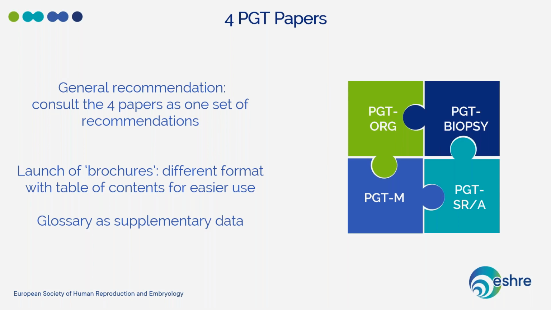So there will be 5 sections now with biopsy, PGT-M, PGT-SR, and PGT-A all separated. And this should allow easier use of the recommendations. Another tool that may be handy is the glossary, in which specific terminology is explained, and this glossary is provided as supplementary data.